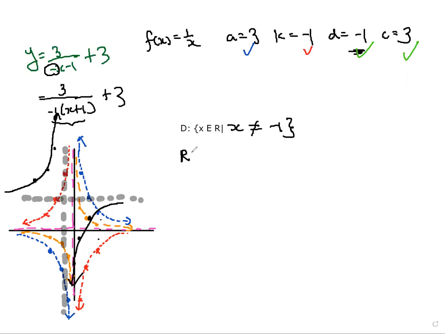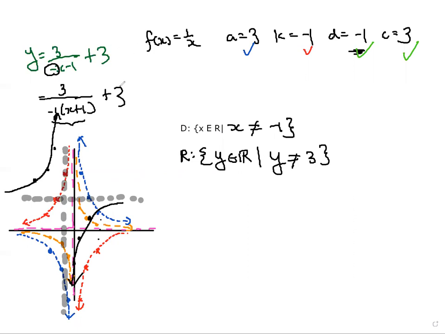In the same way, for range, y belongs to real numbers because it is a solid line, but we cannot have any value, any y value touching this line. And so we say, oh, that dotted line corresponds with the c value. Y can never be a 3, but everything else is good.